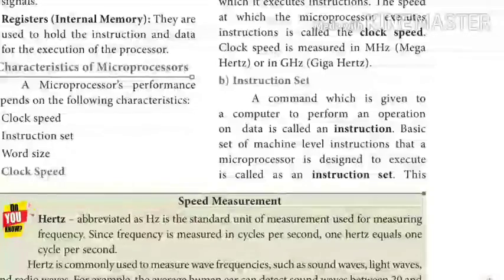The basic set of machine level instructions that a microprocessor is designed to execute is called the instruction set. Instruction set means a collection of instructions or commands that has to be given to the computer or microprocessor to do its regular work without any hesitation.